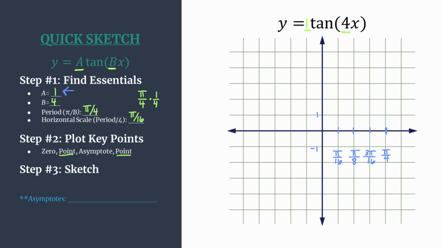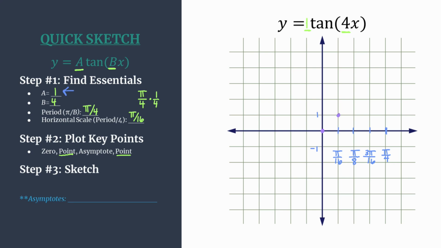All right, now we're all set up and we're ready to plot our key points pattern. For a basic tangent graph, remember this is 0 starting at the origin, so an x-intercept at the origin, your upper curve shaping point, your vertical asymptote, and then your lower curve shaping point. So start with your 0 at the origin, move to pi over 16, and you get the y coordinate by looking at your value for A, so 1.